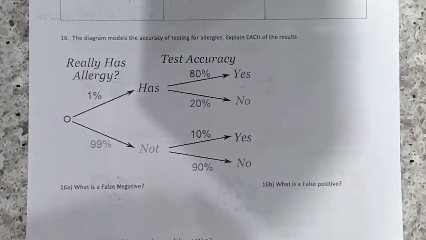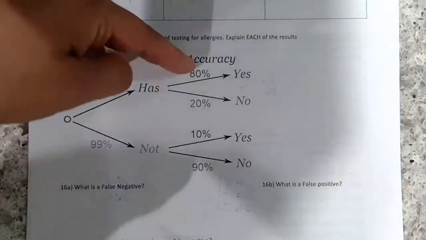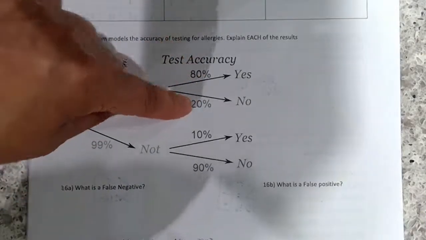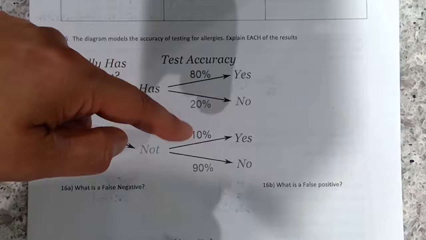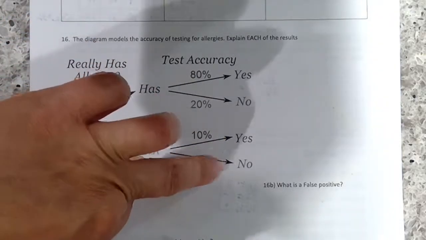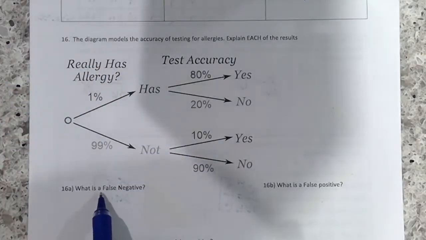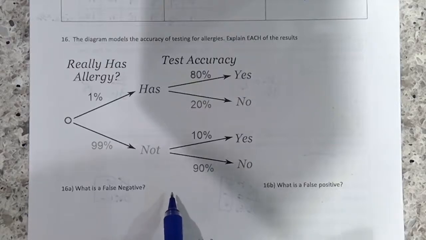Okay, so let's go through that one more time. So has allergies, doesn't have allergies, gives an accurate reading, doesn't give an accurate reading for the people that have allergies. People that don't have allergies, it gives an accurate reading, it gives an inaccurate reading. Okay, what is a false negative? A false negative would be that it gives a negative reading, but it's wrong.